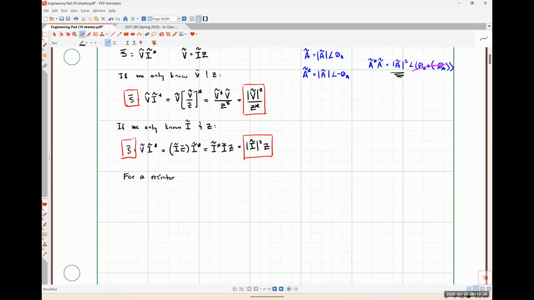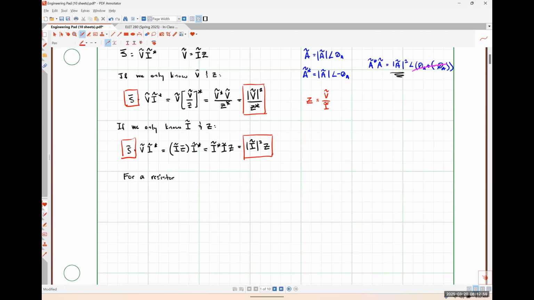What is the impedance of a resistor? Does anybody remember that from your 221 class? So for a resistor, I'll do this as an aside over here on the right. Impedance in general is going to be the ratio of phasor voltage to phasor current.